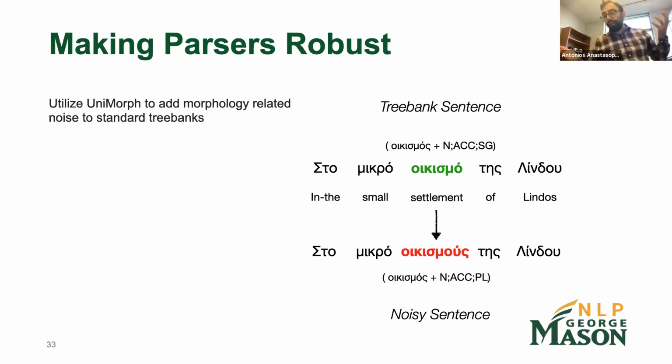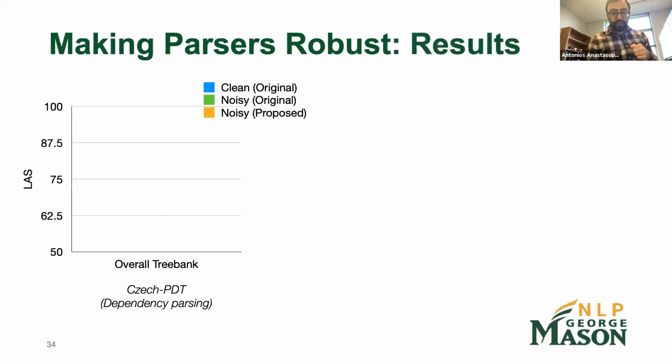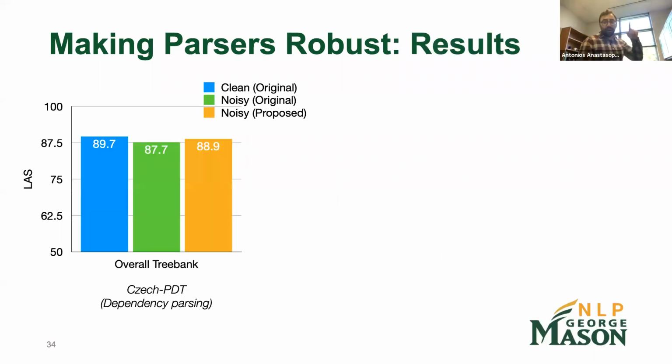And now what we end up with, as you can imagine, is a more robust parser that can better parse noisy text. So let me just show you very briefly the results. On dependency parsing, in this Czech treebank, when we have clean text, the labeled attachment score is 89.7.